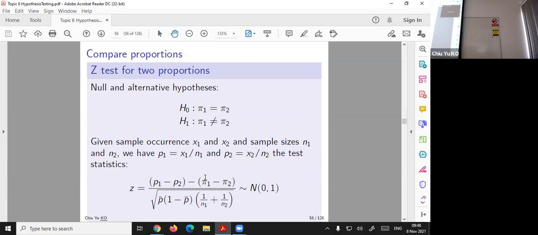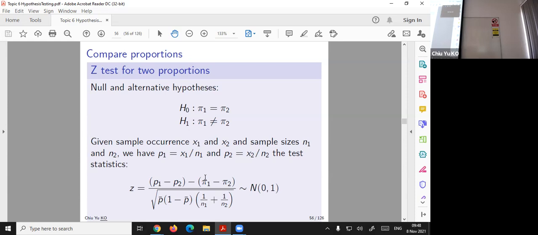How to test these two will be very similar to the case where you have the t-test with the same variance. You can look at this formula, which is no different from that one. You have 1 over n1, 1 over n2. This is the estimate of the variance, the full variance.